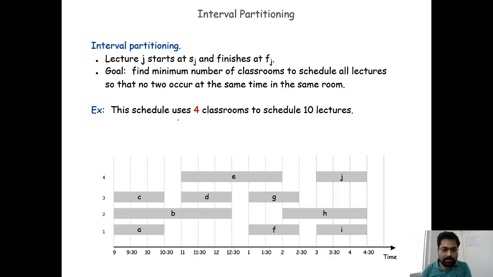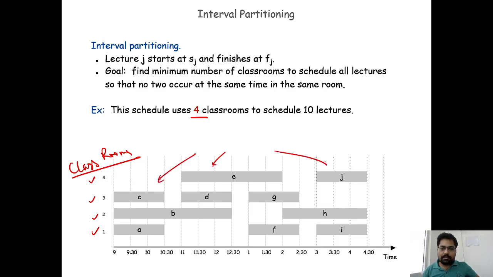For this example, you can say we schedule 4 classrooms. We have these classrooms here, numbered 4, 3, 2, 1. These are the naming conventions of the classrooms. These here are considered the lectures.